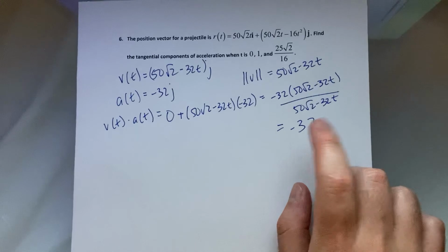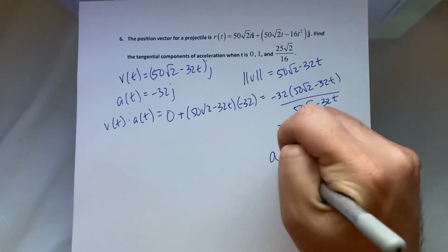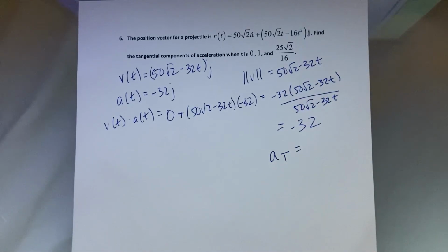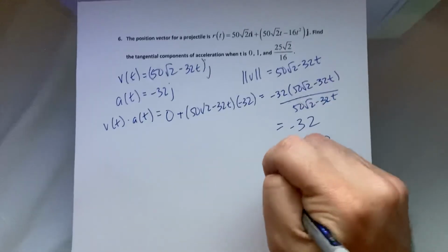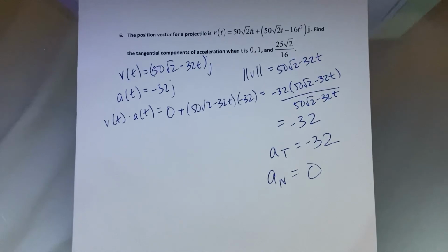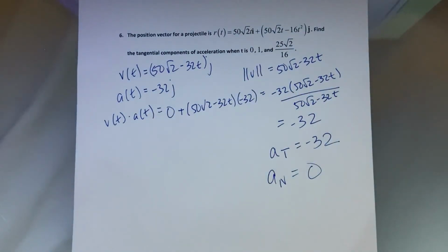There's no t here. What that actually means is the tangential component of acceleration, a sub t, should just be negative 32 all the time, which means my normal component should be 0 all the time, because this is the whole magnitude here. And that's it for 12.4.